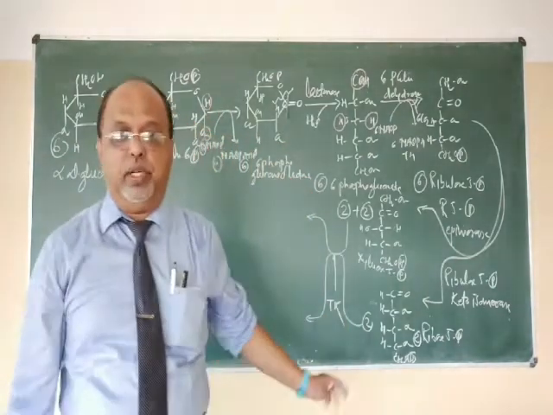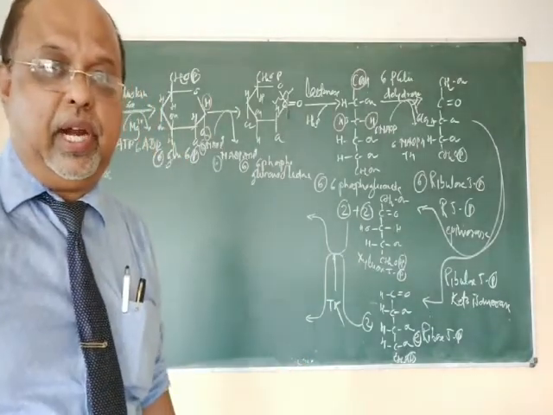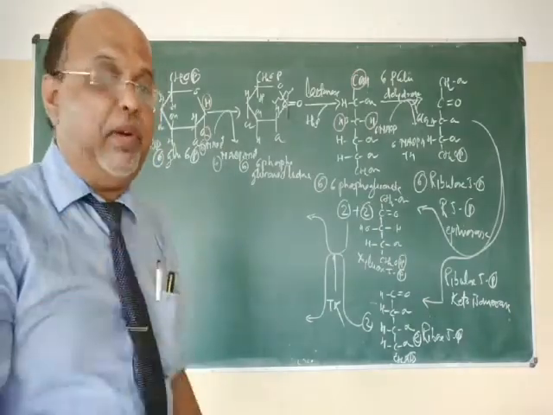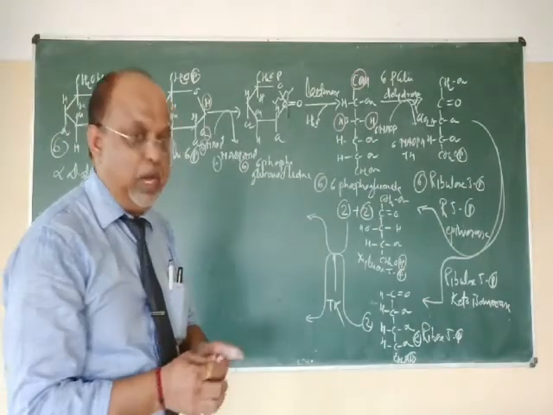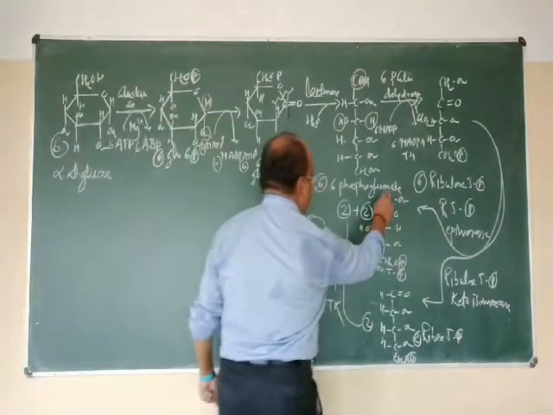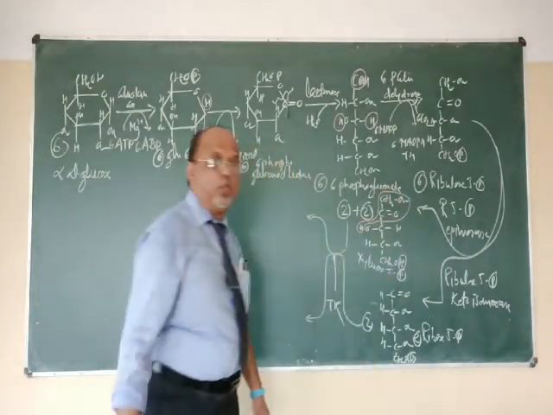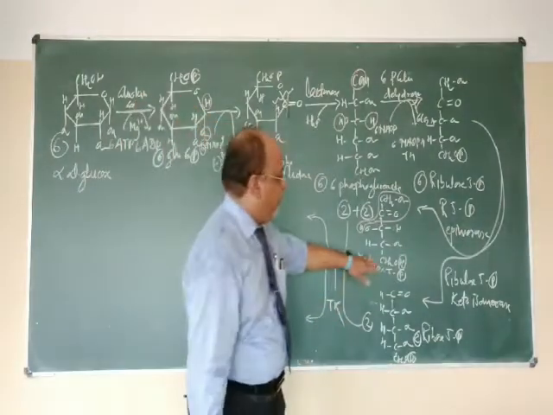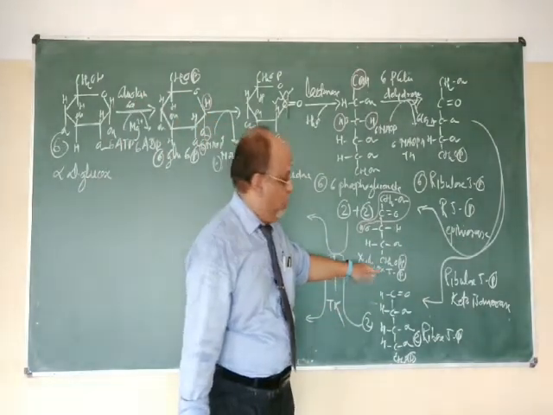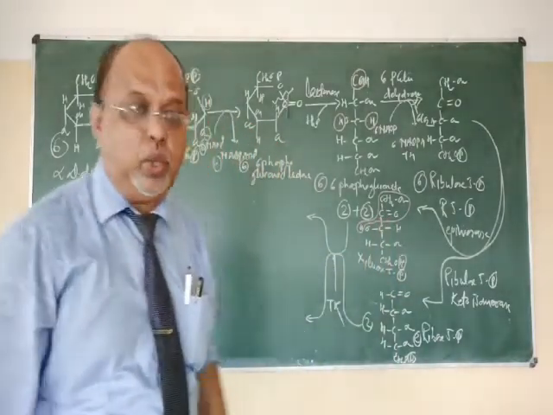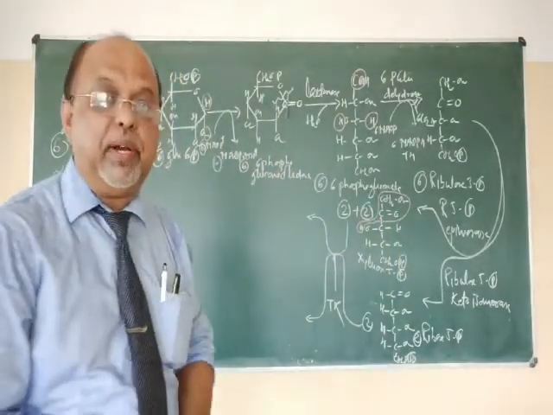I have shown it in short form TK, transketolase. So this transketolase transfers a 2 carbon fragment. I will show you the 2 carbon fragment. Okay, so this 2 carbon fragment is shifted from xylulose 5-phosphate onto ribose 5-phosphate. Okay, so ultimately it forms a 7 carbon sugar.